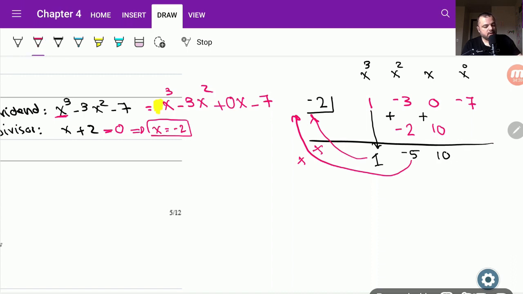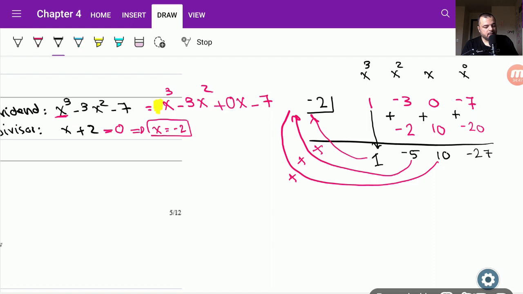Then we repeat the steps again. Multiply: 10 times negative 2 is negative 20, right? So negative 20, I'm going to place it here. Then I'm going to add these two numbers. So I'm going to get negative 27, right? Then we are done.